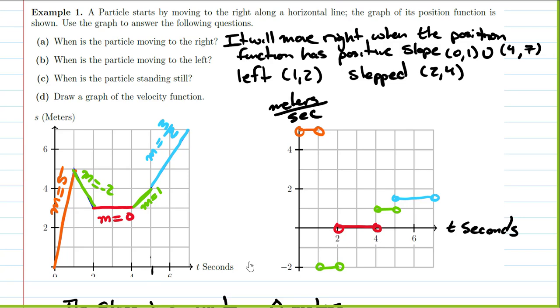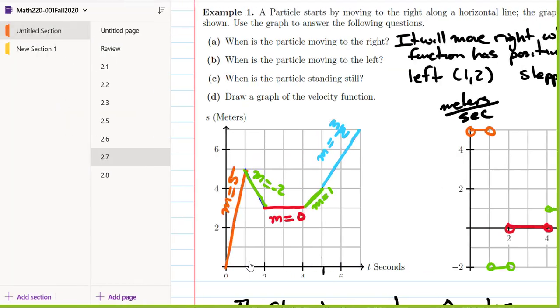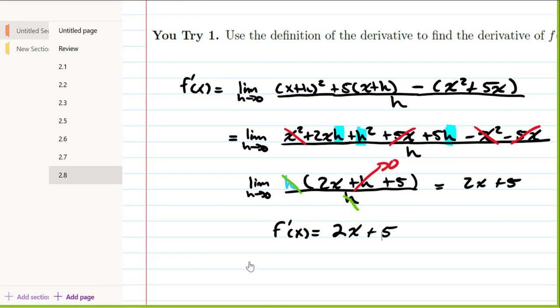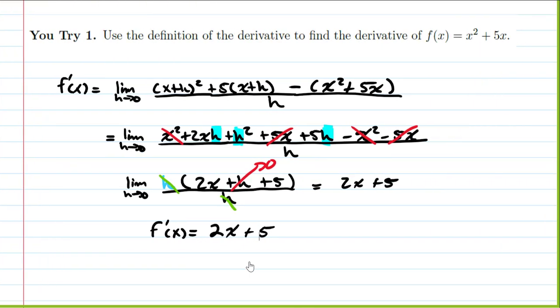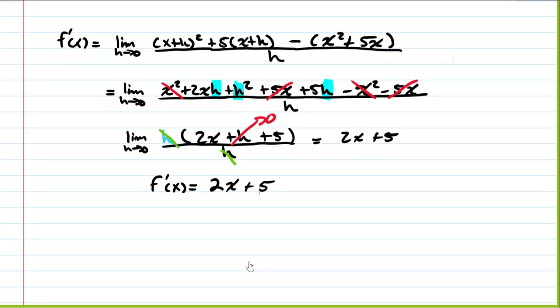So in terms of physics and reality, what does the derivative represent? It represents a rate of change. So if your function f represents position, what would its derivative represent? Velocity or speed.